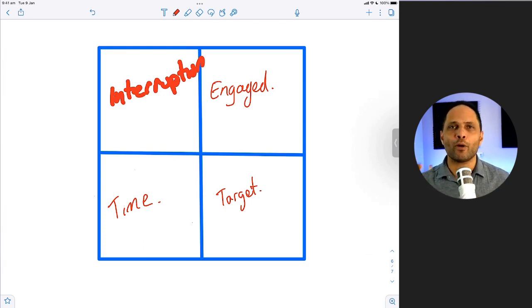You can say, only show my ad to these people. And that's why Facebook is so cheap, because you've got a huge amount of people spending a lot of time who are totally engaged. You're interrupting them, and then you can target them and only show it to the people who you think will be interested and who Facebook thinks is interested. That is why Facebook is just such a powerful platform.